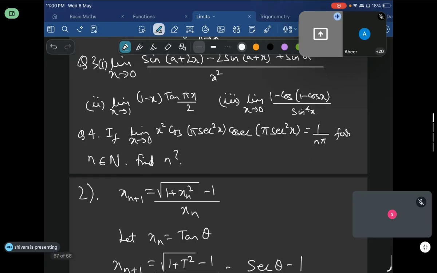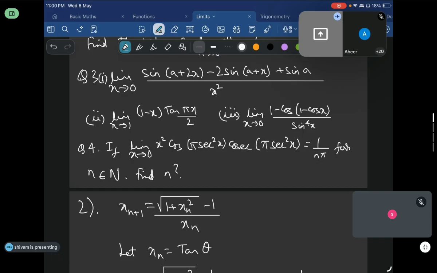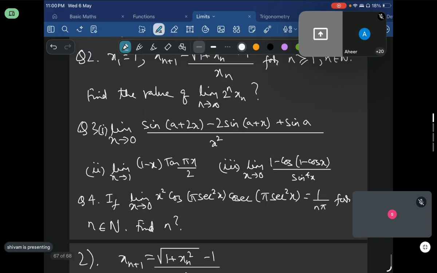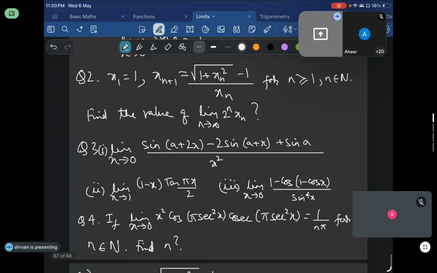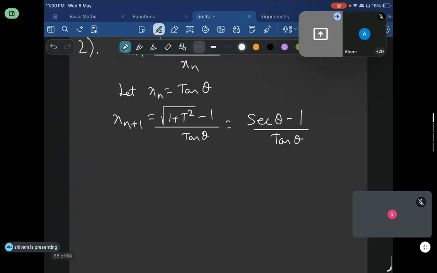Now, what do we need? I need to find out limit n tends to infinity 2 to the power n into xn. Over here, what is x1? x1 is equal to tan theta. So what is x2? x2 will be equal to (sec theta minus 1) by tan theta. Let us simplify.